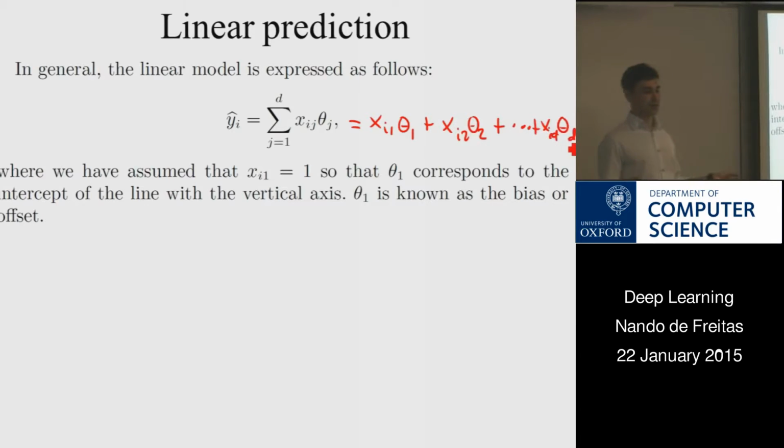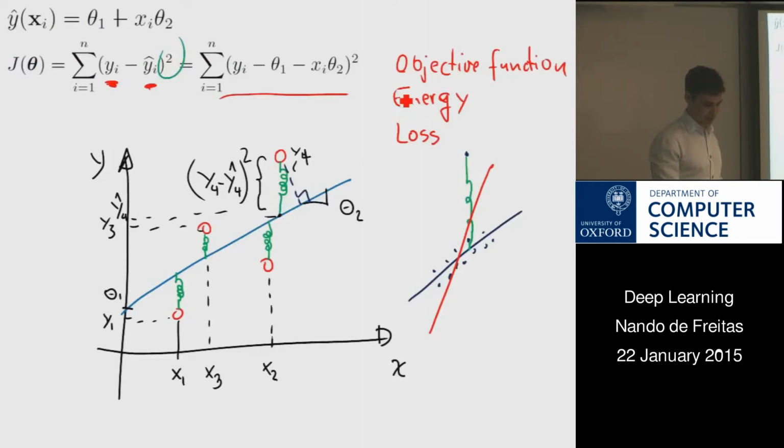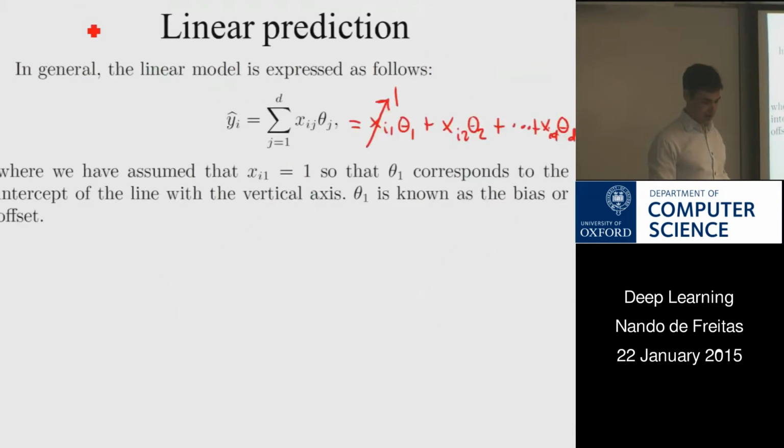So for each data point, the prediction is you would use a plane to make a prediction. And as a convention, we typically set this first guy always to be 1, because then that gives us the offset, which we call the bias term. So it's basically this guy here. As you can see, there is a 1 here. That changes the height of the line, the height of the plane.